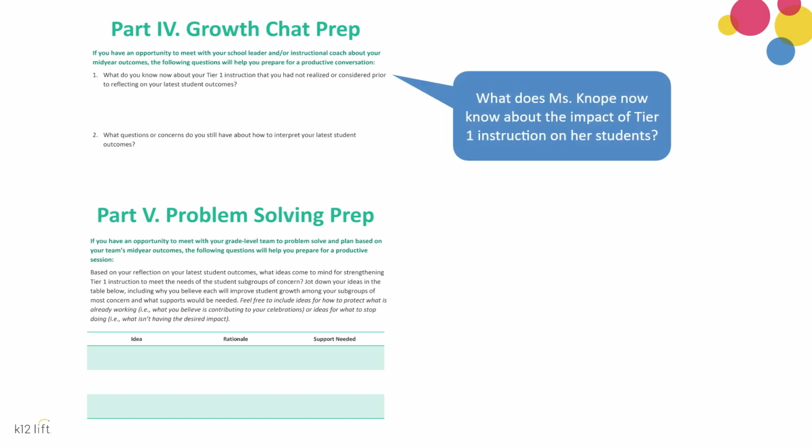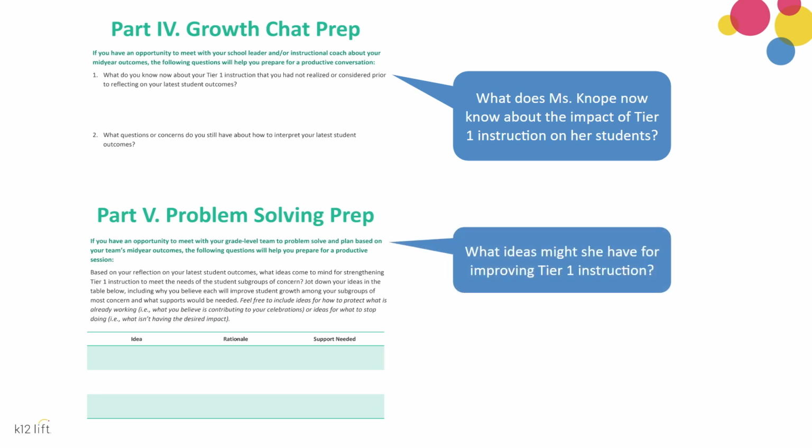What does Ms. Nope know now about her Tier 1 instruction and the impact of it? And we also want to know what ideas she might have that she's going to bring to the conversation. Why she thinks that she needs to do that thing, and the support that she needs. So I want you to talk about it at your table for about a minute, and then we'll talk whole group.